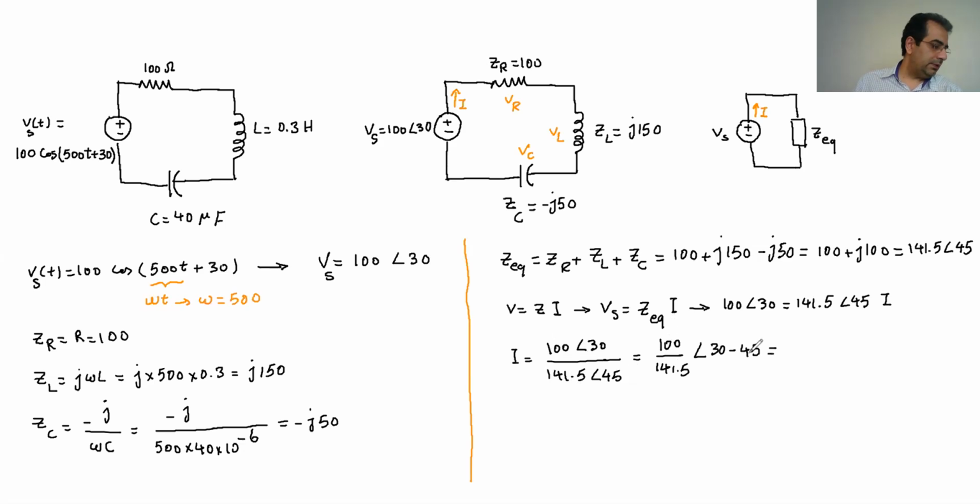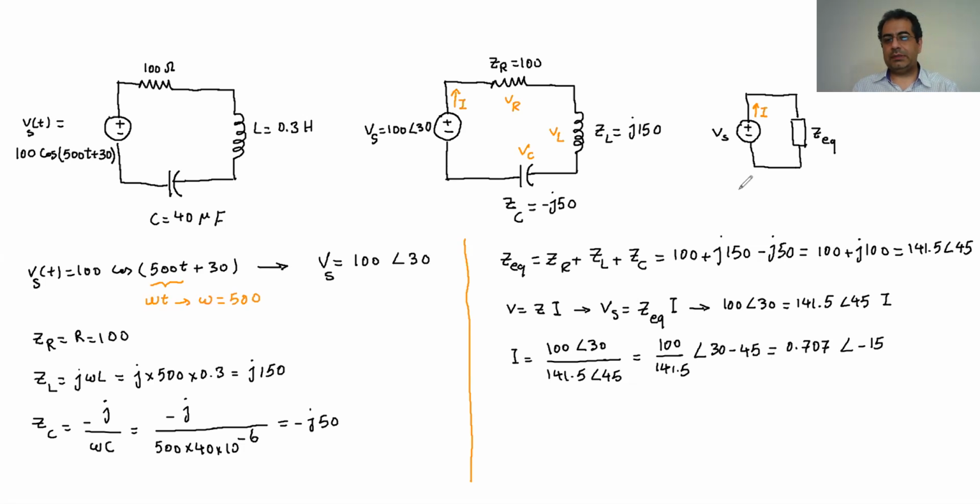So eventually you're going to get 0.707, I think, with angle of negative 15. Or as I said, you can plug this into your calculator and directly get this value.